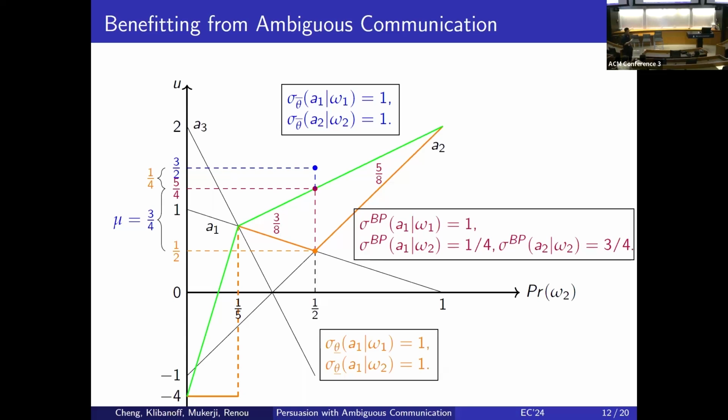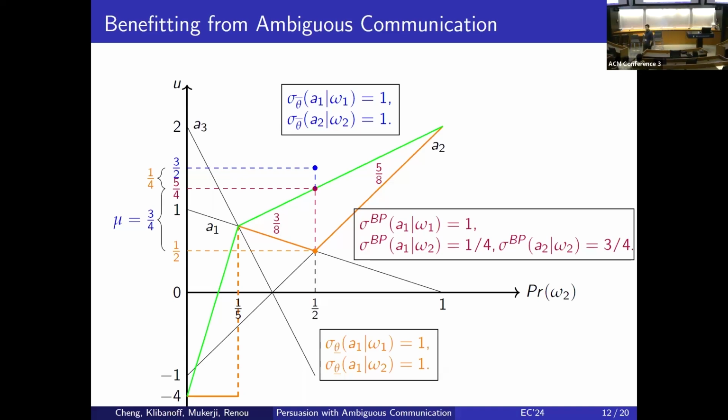So now the sender can design an ambiguous experiment by choosing this state space such that, from an ambiguity neutral perspective, 3/4 of the time sigma theta upper bar is going to be recommended, and 1/4 of the time sigma theta lower bar is going to be recommended. So if the receiver is ambiguity neutral, the receiver would be as if just facing sigma BP, so they will be willing to be obedient.